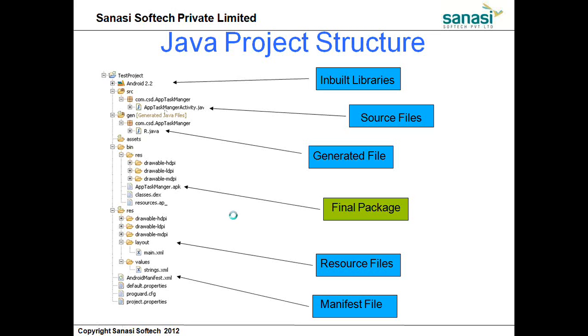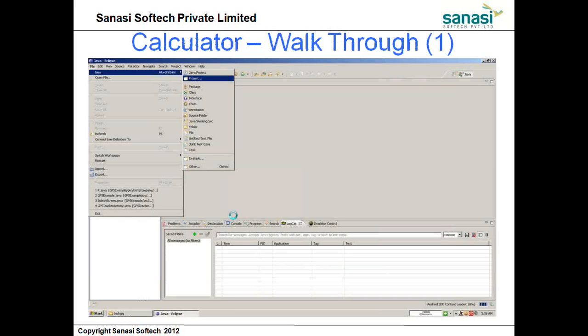Now here's a quick set of screenshots so that you can look at them. Since we are short of time, we already have the project ready, and we'll look at the project. But in the meantime, just a quick look at what the steps involved are. You start Eclipse, then you click on File, New, and Project. Once the wizard pops up, on the next screen click on Android Project.